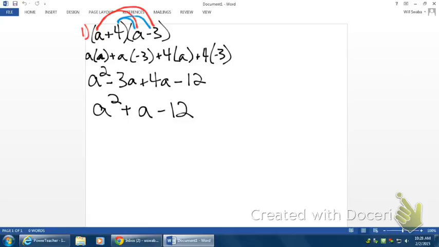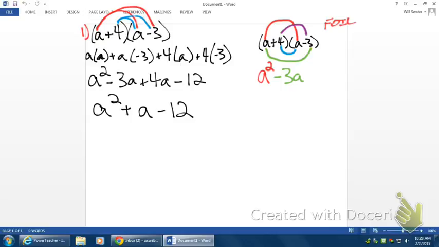Now let's say if you wanted to FOIL it, you're really doing the same thing. That's distributing. So FOIL, first, outer, inner, and last. When you multiply the first terms, you get a squared. When you multiply the outer terms, you get a minus 3a.